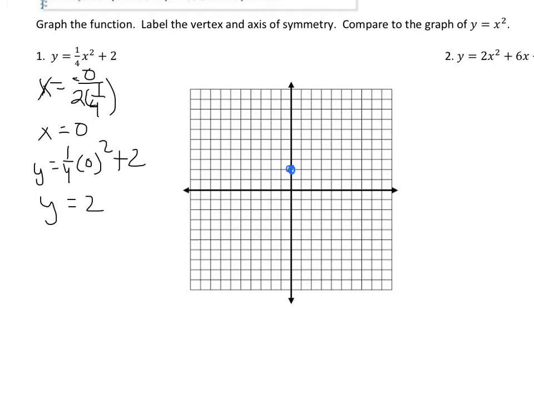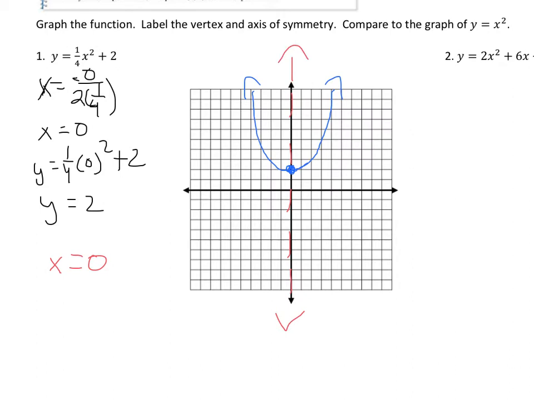And we know the vertex, since a is positive, a is greater than 0, means it opens up. And it says label the axis of symmetry. Well, the axis of symmetry is x equals 0, so it's right there.